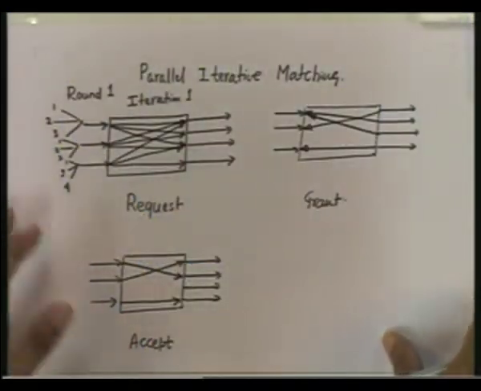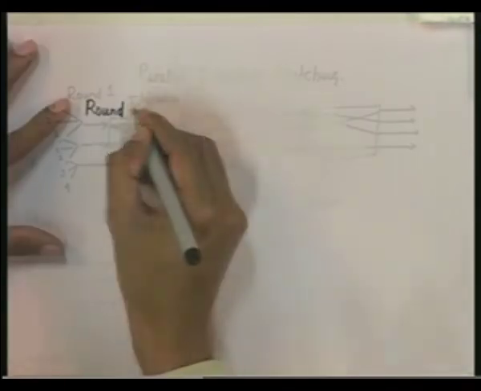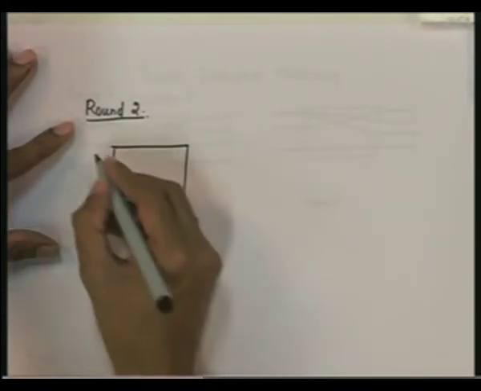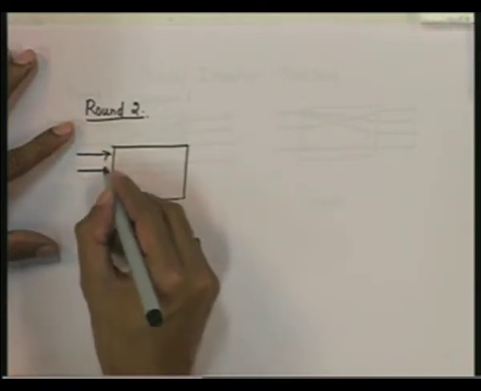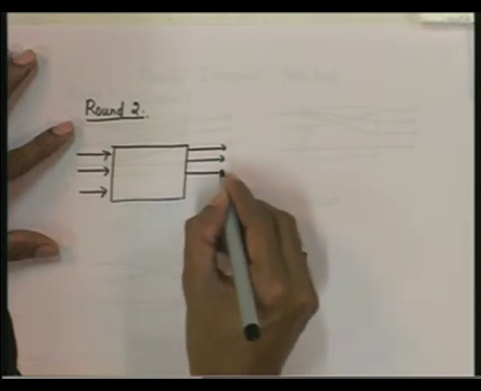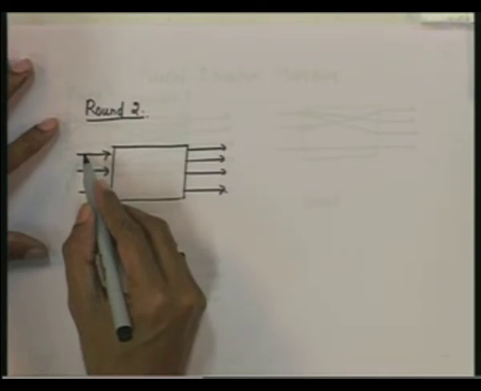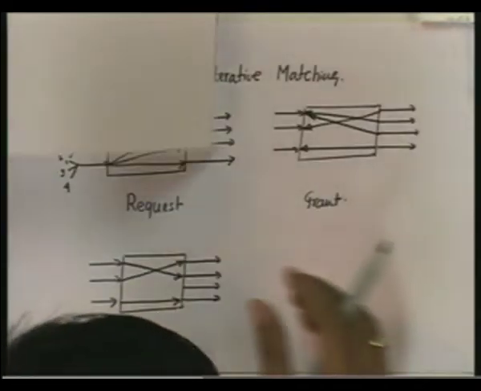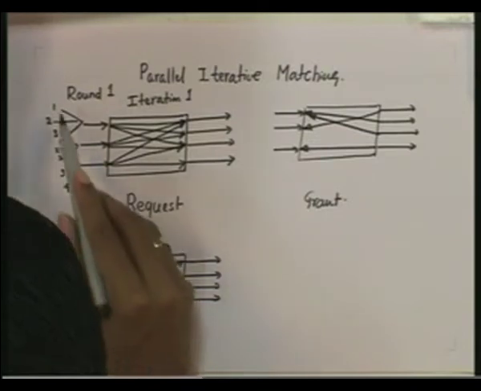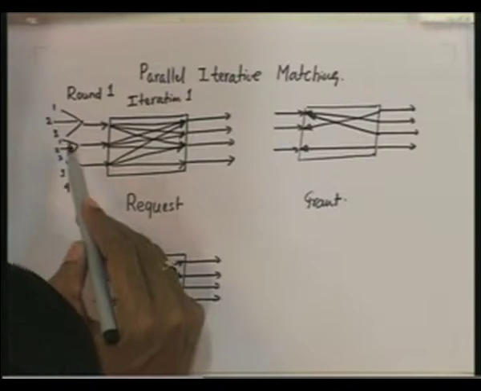Now in round 2, again it is the request phase. Recall that in round 1, this packet 2 has already been sent. So 1 and 3 are left.